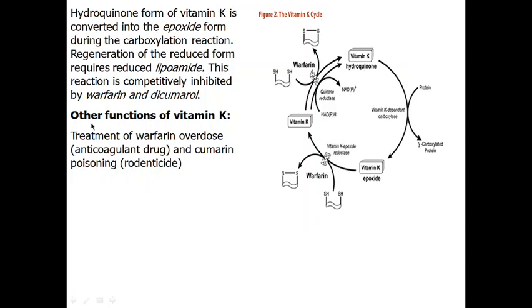So vitamin K can be used in the treatment of warfarin overdose, an anticoagulant drug, and coumarin poisoning, a rodenticide drug, because when vitamin K is given, it will overcome such inhibitory effects, and it will work in the synthesis of the gamma carboxylated coagulation factors.